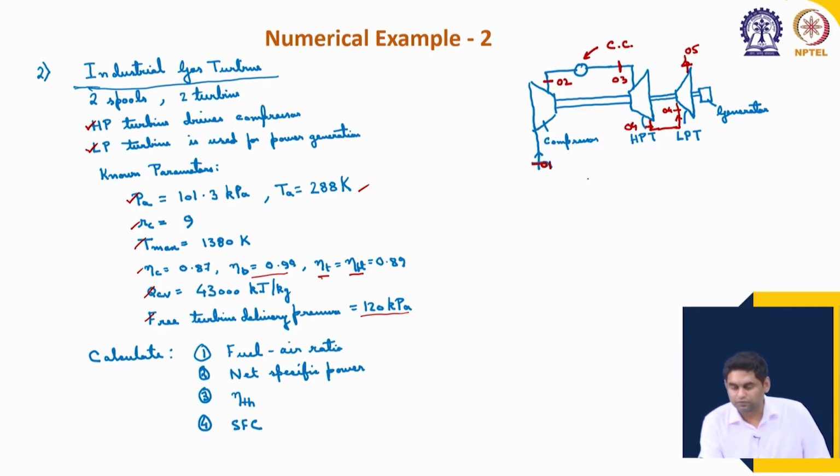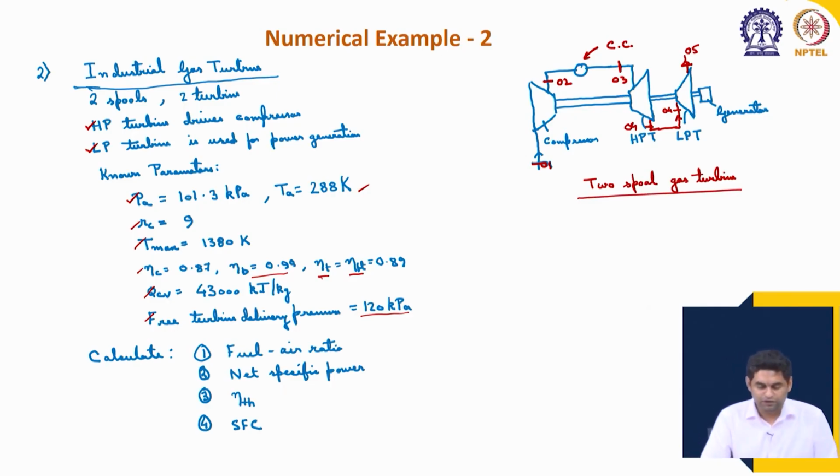Okay. And we need to find, based on this given data and given design, so this is a two spool system, the performance parameters of the two spool gas turbine: fuel air ratio, net specific power or net specific work output, thermal efficiency of the gas turbine and the specific fuel consumption, our standard parameters.